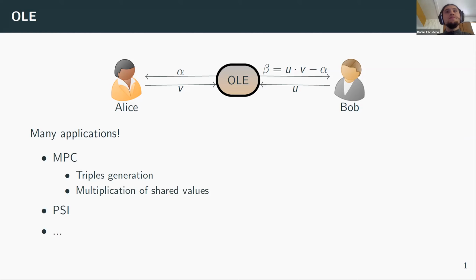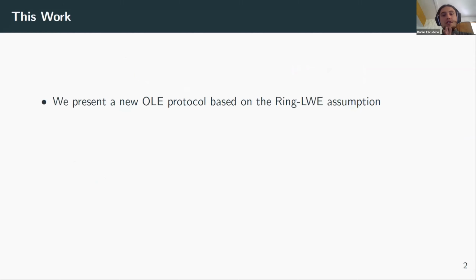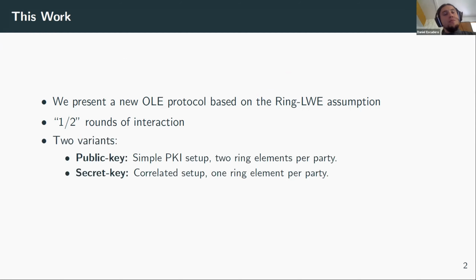Okay, so I'm going to cut right down to the chase. What are we doing in this work? We're presenting a new OLE protocol based on the Ring LWE assumption. And our protocol has this very nice feature that it has one and a half rounds of interaction. I'm going to define what it means in a moment. We have two variants.